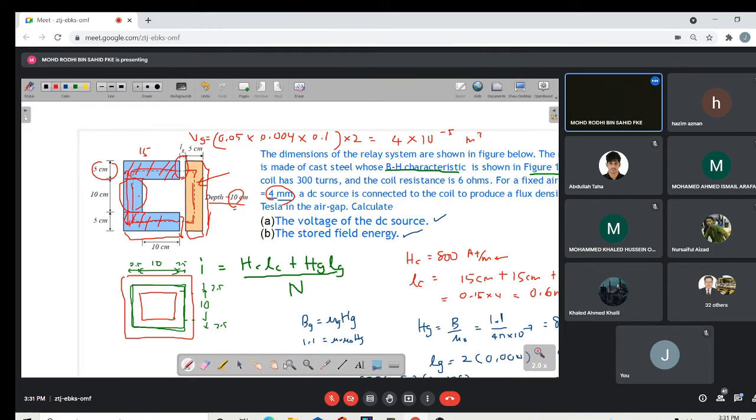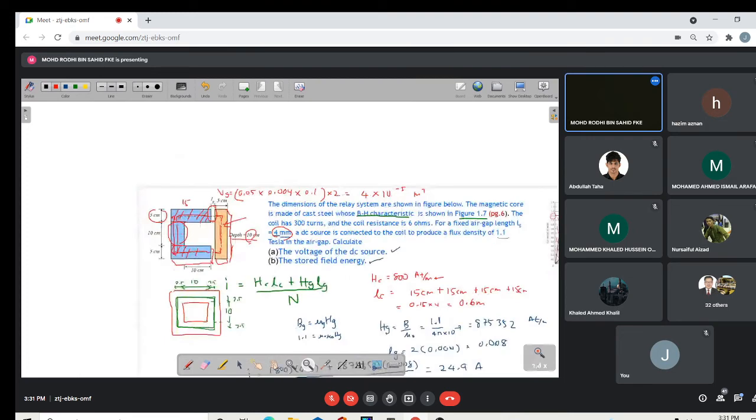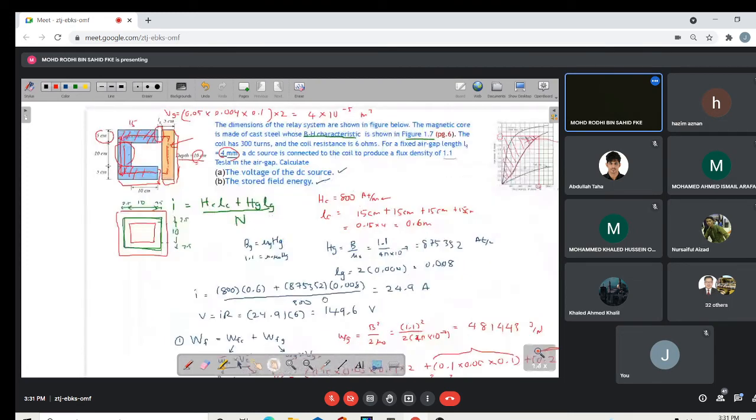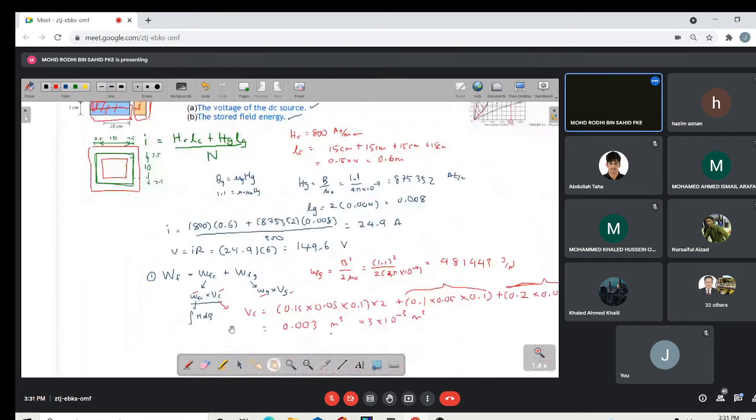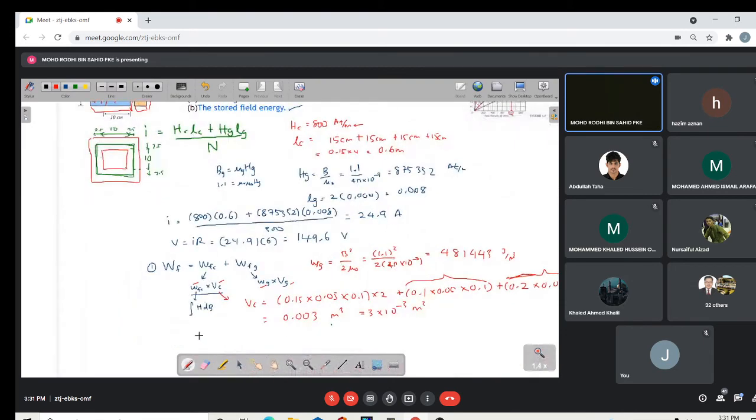So now we have to write down all these values here. Basically, we can find this first, WFC, which is the energy stored in the core.